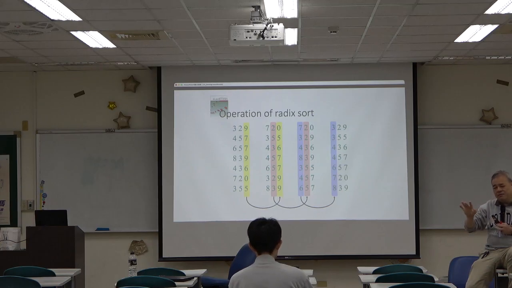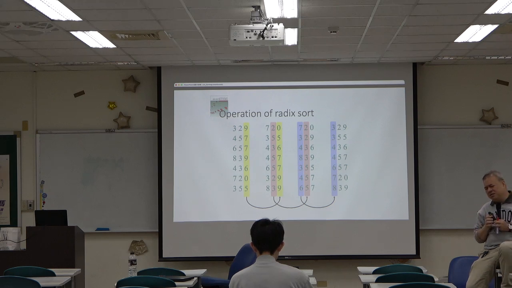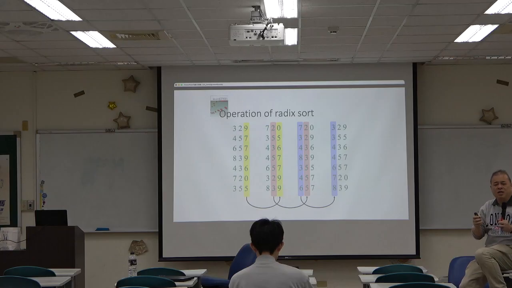Regardless of how many numbers you want to sort, because we only deal with one digit at a time, the k in the counting sort is limited to 10. So it's very, very convenient. Okay, I mean, assuming we are using decimal numbers.